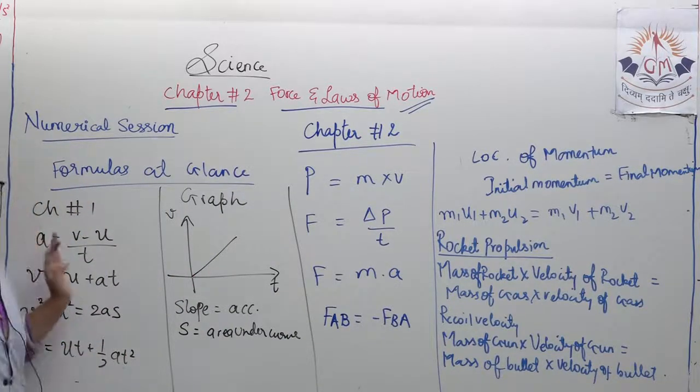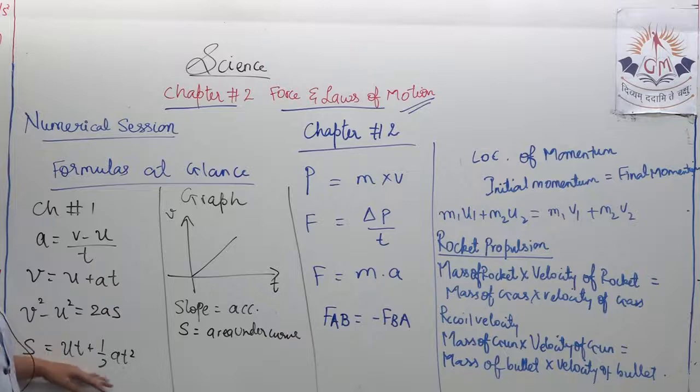These are the chapter 1 formulas: acceleration is change in velocity upon time, final minus initial upon time. The three basic equations of motion are v = u + at, v² - u² = 2as, s = ut + ½at², where s is the displacement, a is the acceleration, u is the initial velocity, and v is the final velocity.